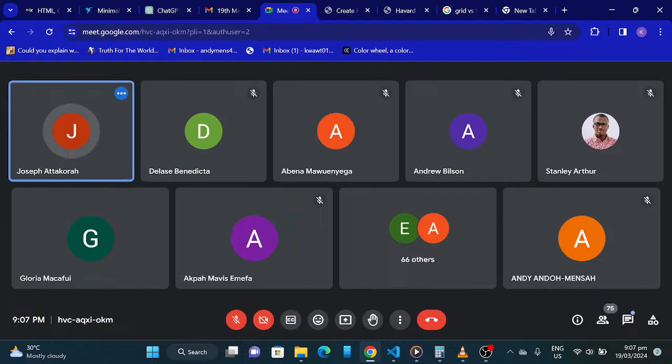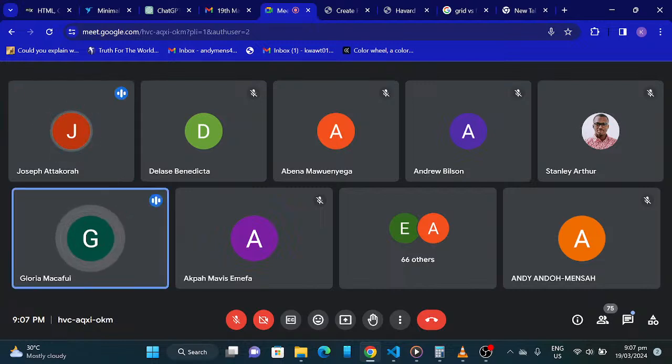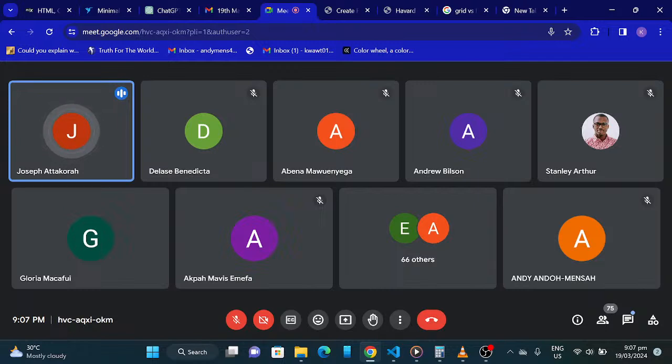Do you get me? There's that boundary that divides the cortex from the medulla, the cortical region from the medulla region.